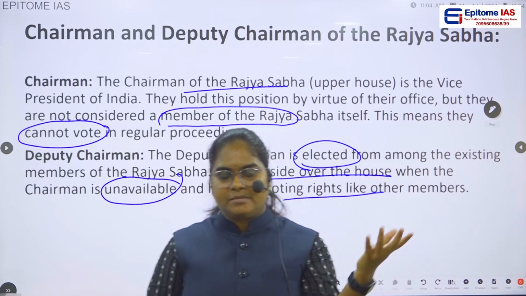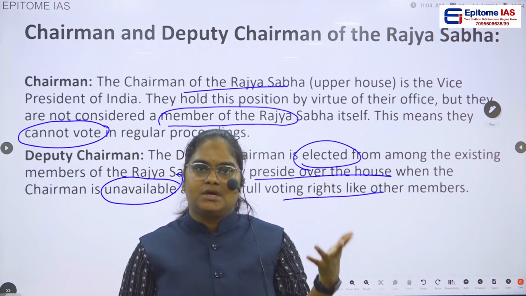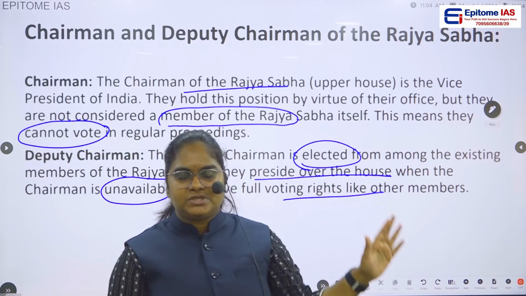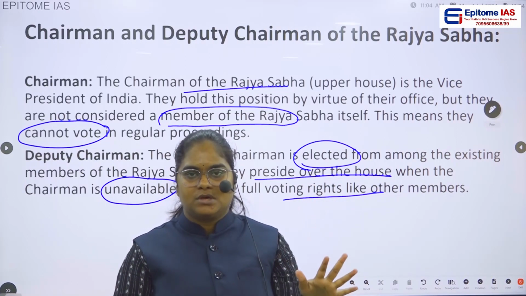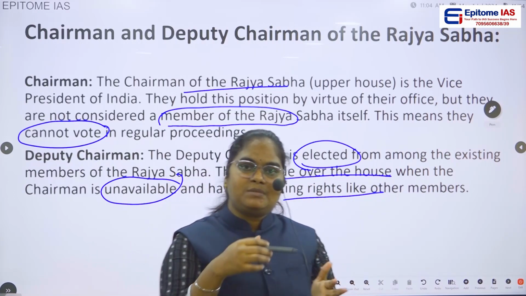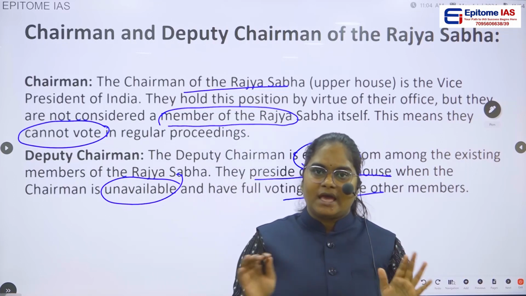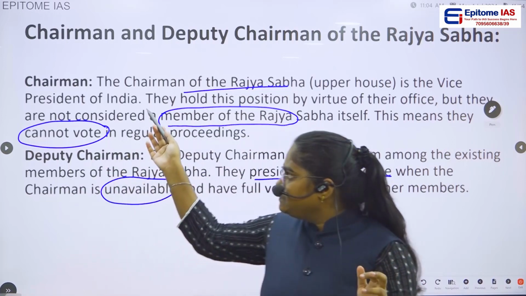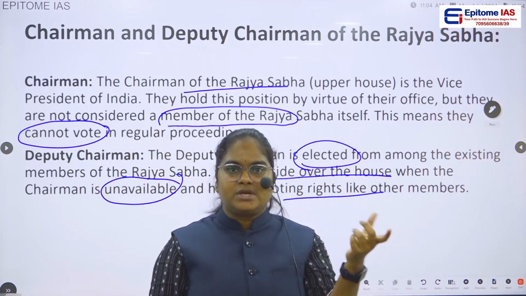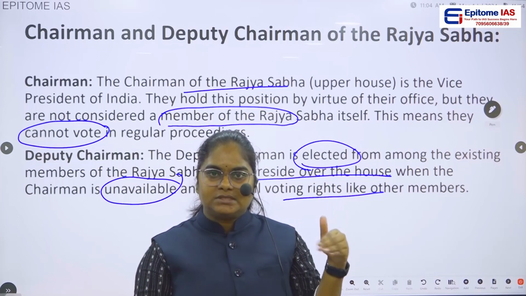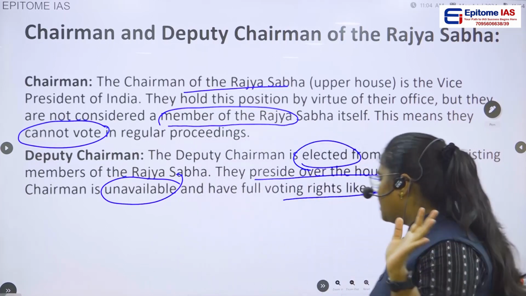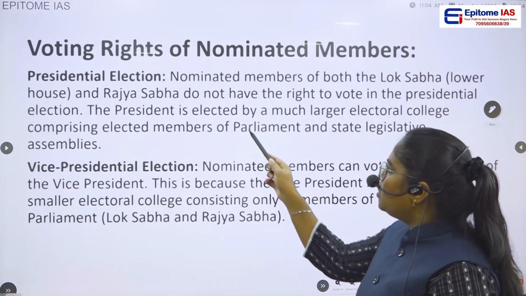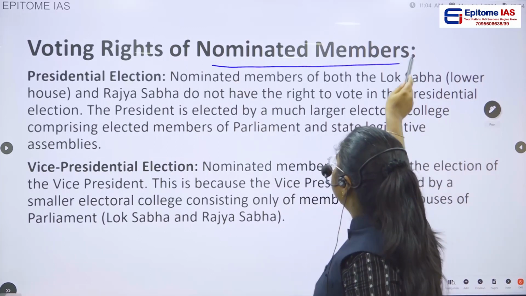Whenever the chairman is absent, this deputy chairman will preside over the house, and because he is a member of the Rajya Sabha, he has voting rights just like other members. But the chairman of Rajya Sabha does not have the voting right. Why? Because he is not a member of the Rajya Sabha. Okay, so these are the voting rights of the nominated members.